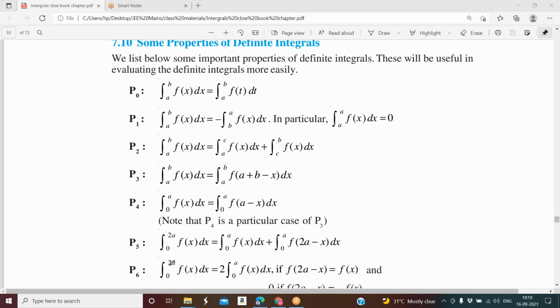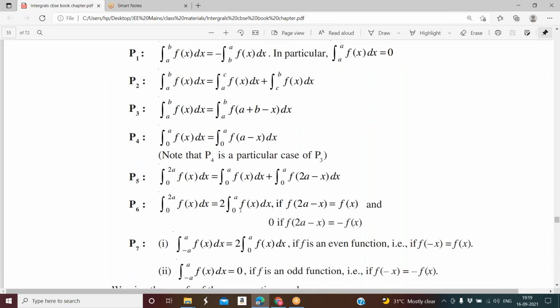The next one is integral 0 to 2a f of x dx is 2 times integral 0 to a f of x dx if f of 2a minus x equals f of x, and 0 if f of 2a minus x equals minus f of x.